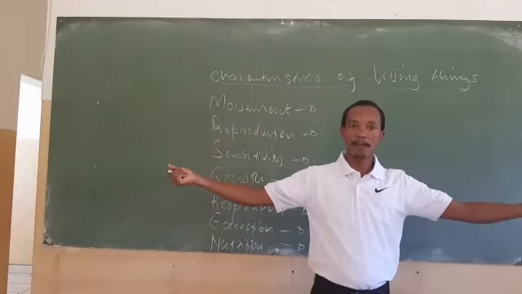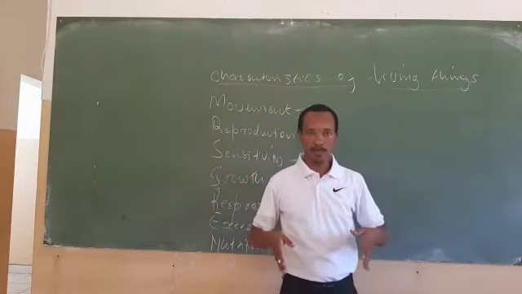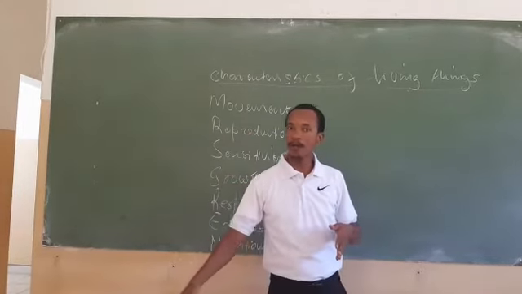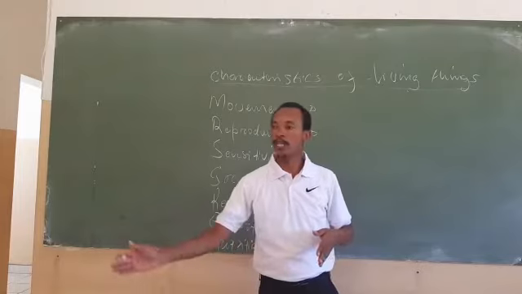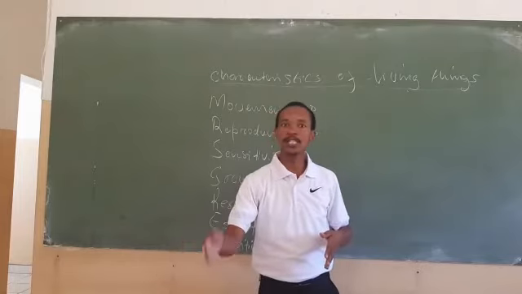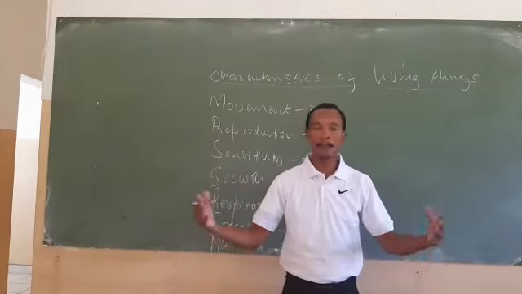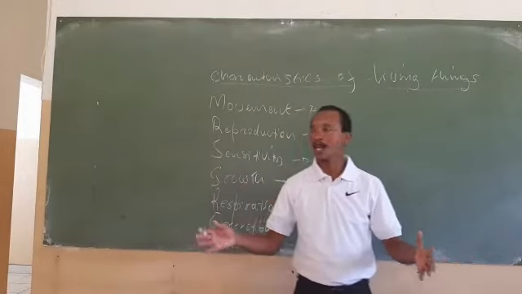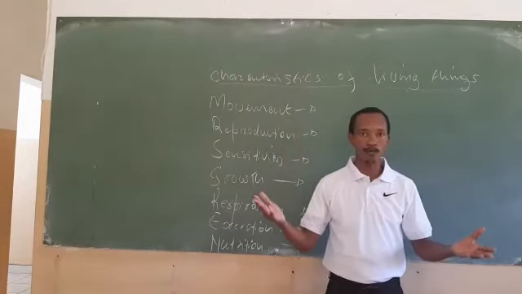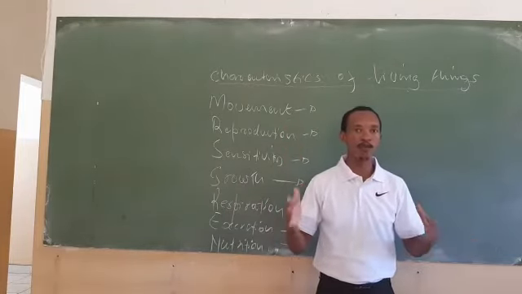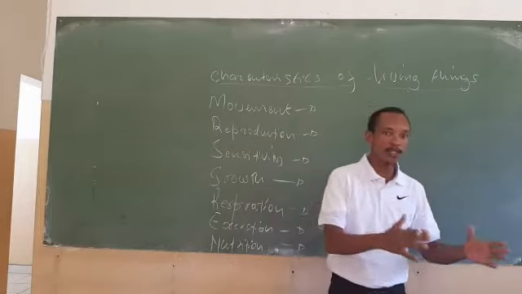That is actually movement. The same thing applies to the roots as they go deeper down the ground, going to different positions in search of water and nutrients. So a plant is also able to move, but it uses parts. It does not move physically from one position to the next.